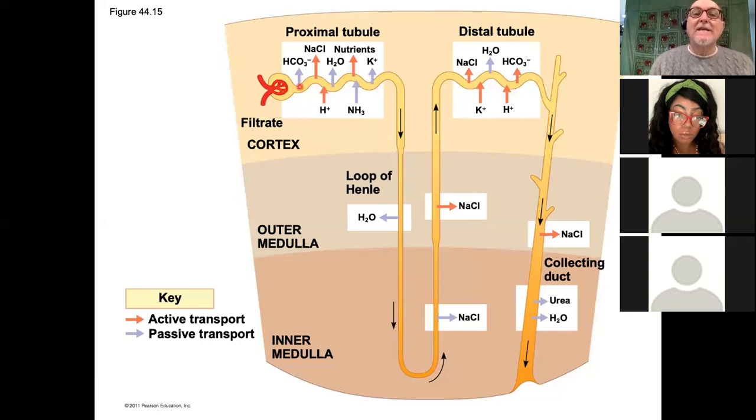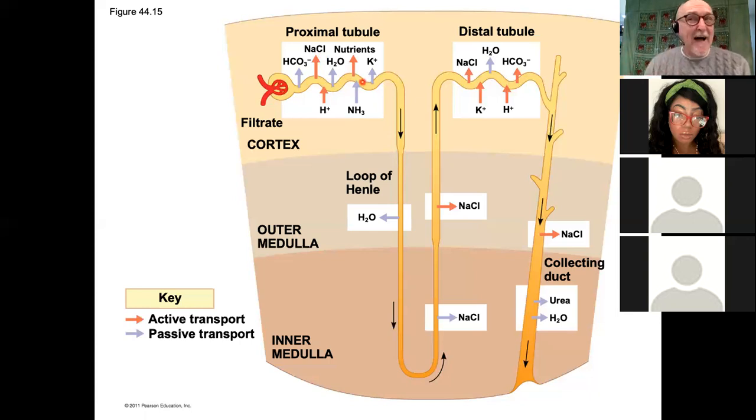But the movement of these ions actually regulates pH. So this is one of the places where the body regulates the blood pH by manipulating hydrogen ions and bicarbonate ions. From the filtrate, the proximal tubule recovers NaCl. It recovers water. The water, by the way, flows out passively because of the increase in salt around in this environment.